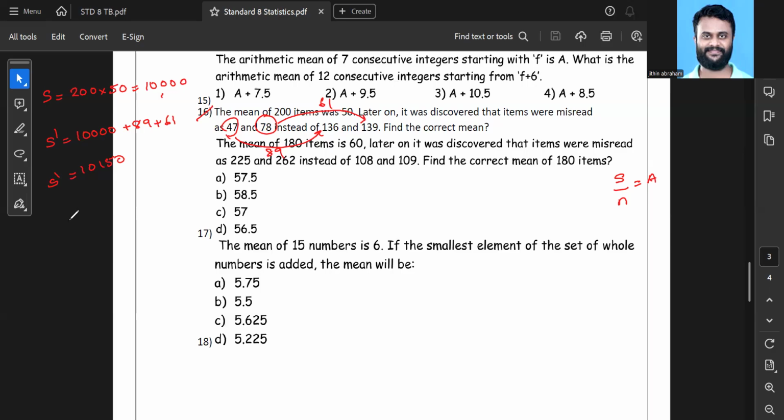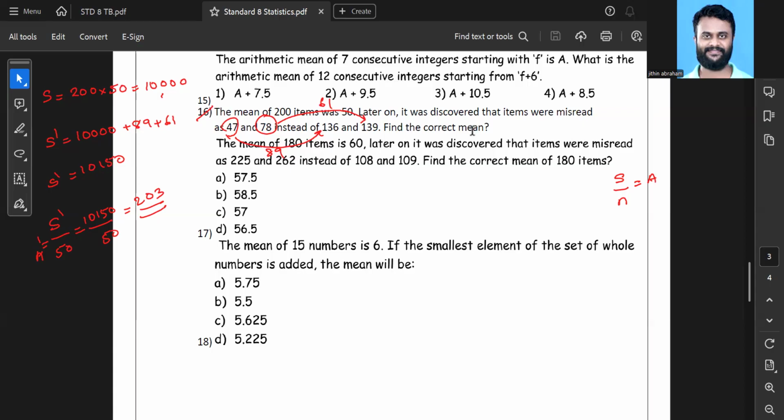So you simply divide 10,150 by 50. That should give you 203. So the new average is 203.